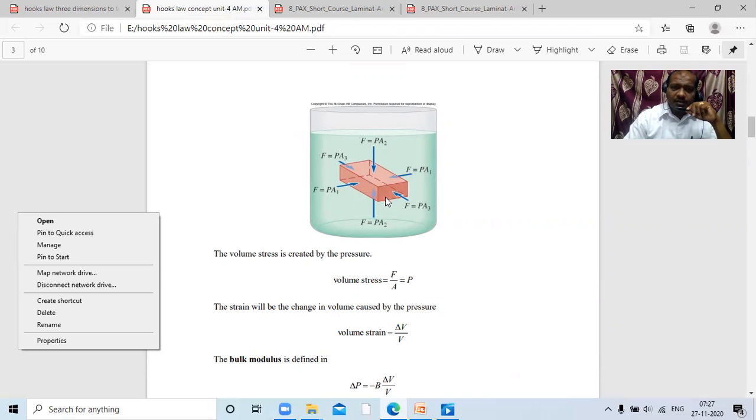Arrows are provided in a number of directions where force is exerted on the pink color object. Due to that, the object tries to compress. That is called volumetric stress, created by the pressure. Volumetric stress is equal to force by area, and here we have represented it with capital P.